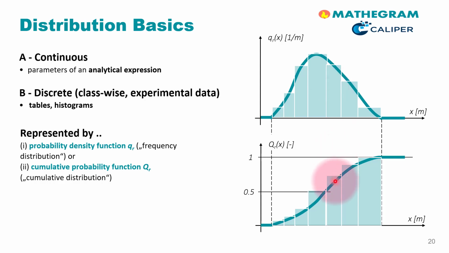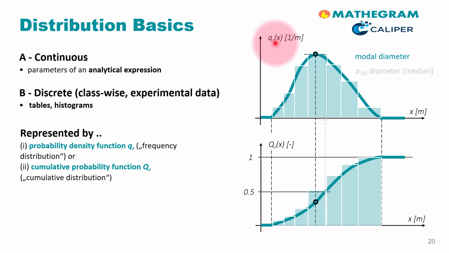The first thing to observe is that the highest value of qr, which we call the modal diameter, is the point with the highest slope of the QR curve. Thus, we will see that qr is simply the derivative of capital QR, and consequently capital QR is the integral from 0 of lowercase qr.